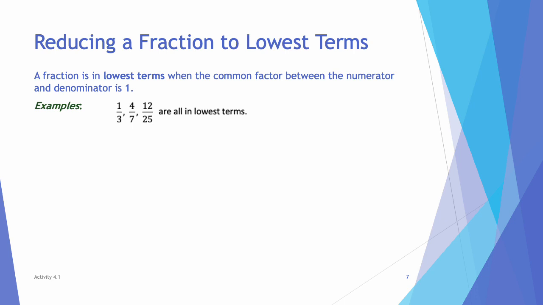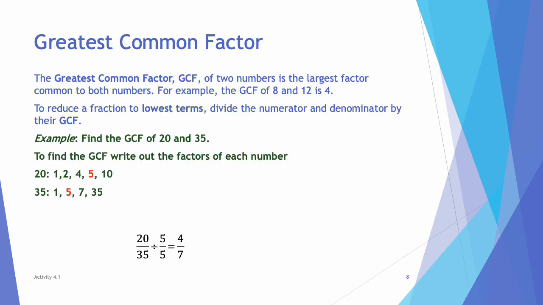These are fractions all in lowest terms. The greatest common factor, or GCF, of two numbers is the largest factor common to both numbers. For example, the greatest common factor of 8 and 12 is 4. To reduce a fraction to lowest terms, we divide the numerator and denominator by the greatest common factor.